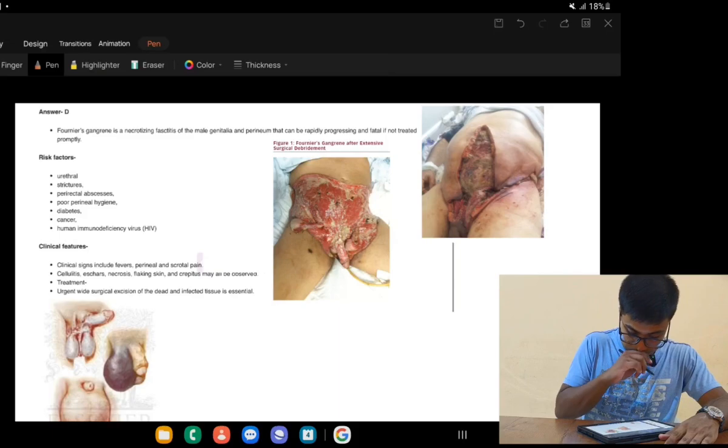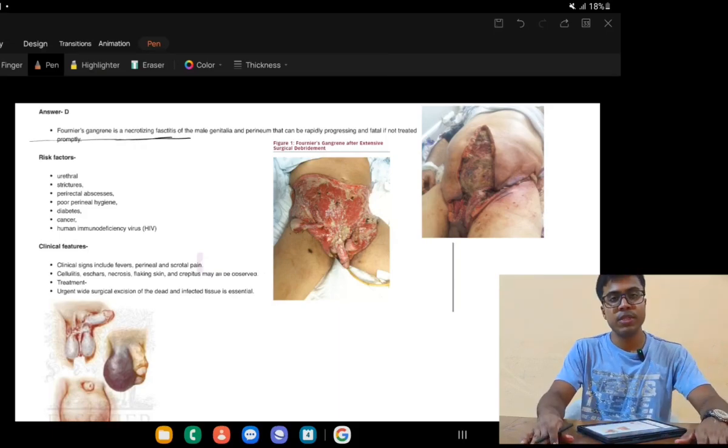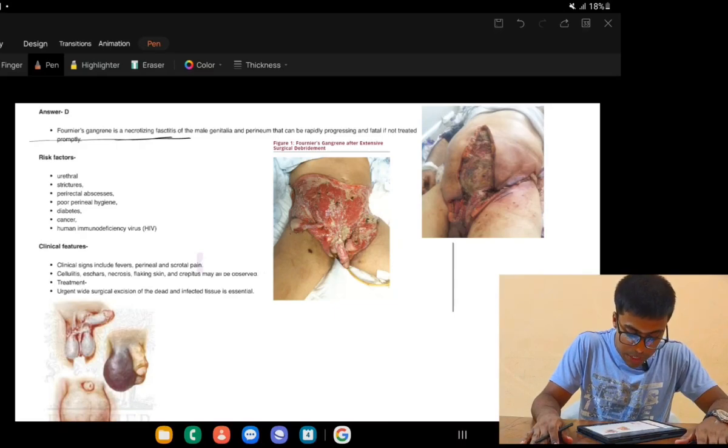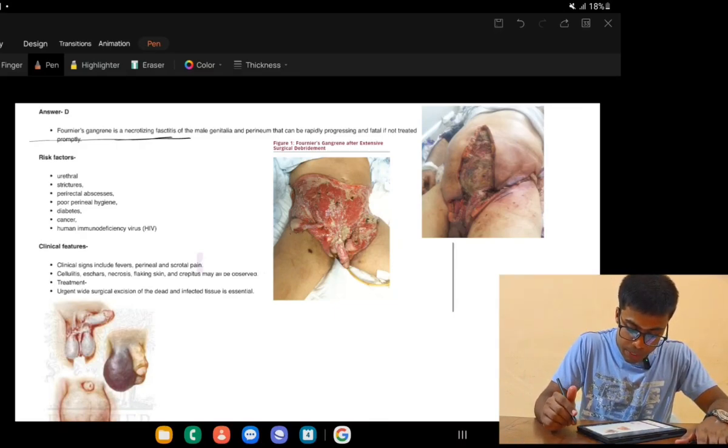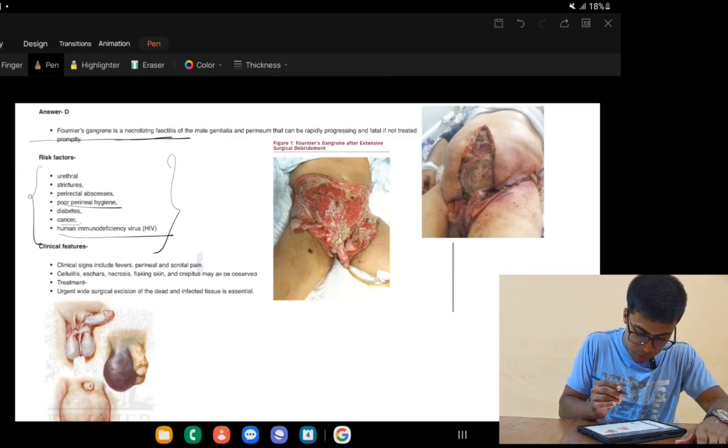So let's come to this, which is the same. Fournier's gangrene is a necrotizing fasciitis of the male genitalia and perineum that can be rapidly progressing and fatal if not treated. Risk factors: urethral strictures, perirectal abscesses, poor perineal hygiene, diabetes, cancer, human immunodeficiency virus.